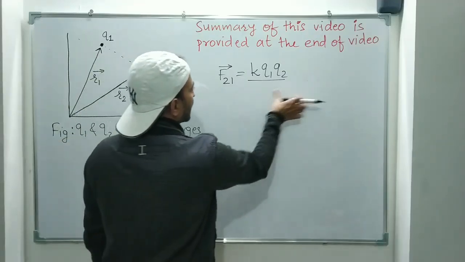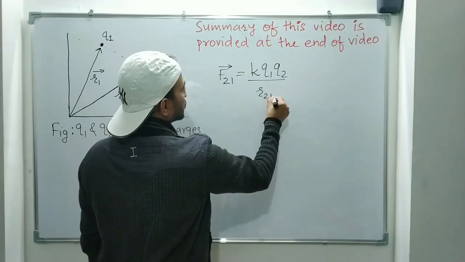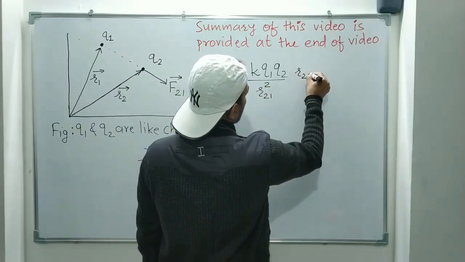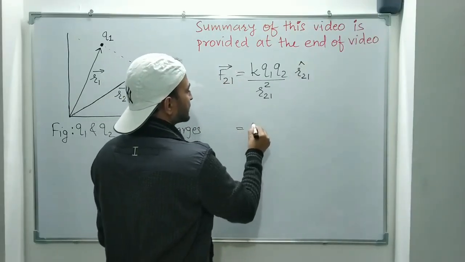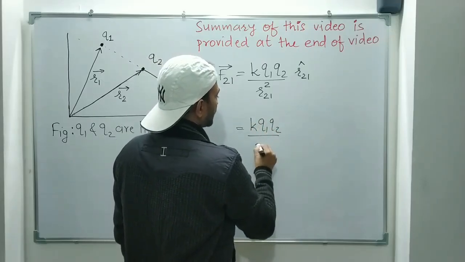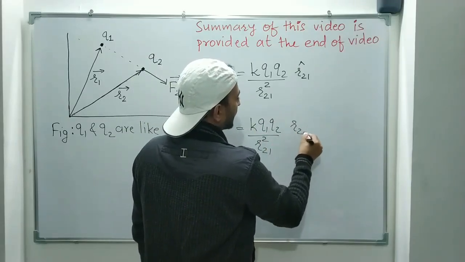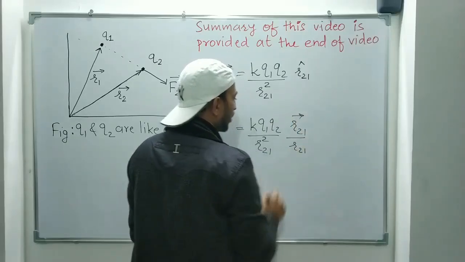So we take R21 square, R21 caret. That becomes K Q1 Q2 upon R21 square, vector upon mod.